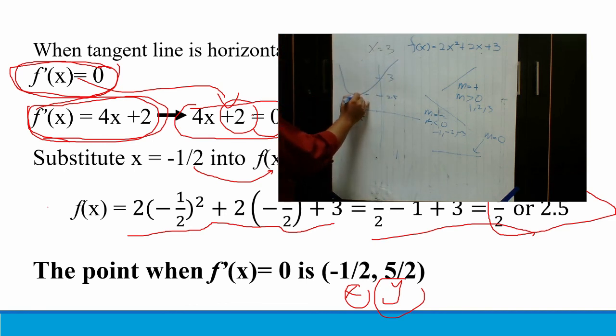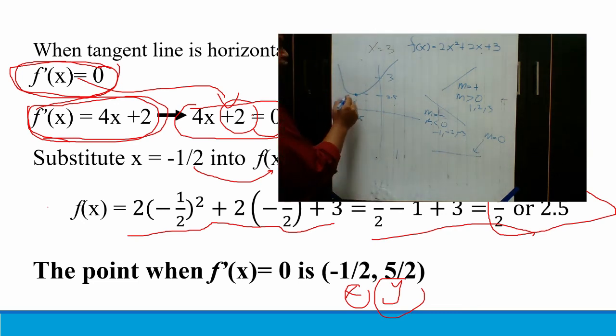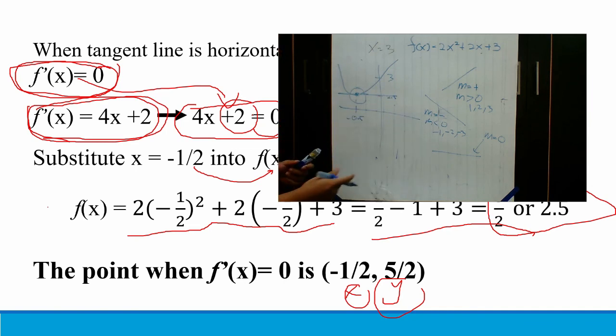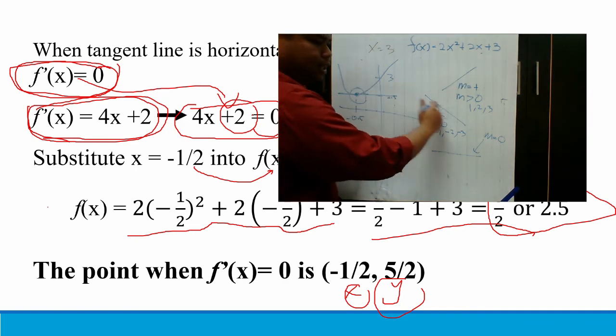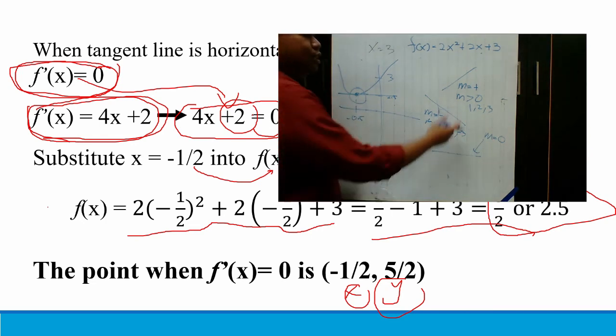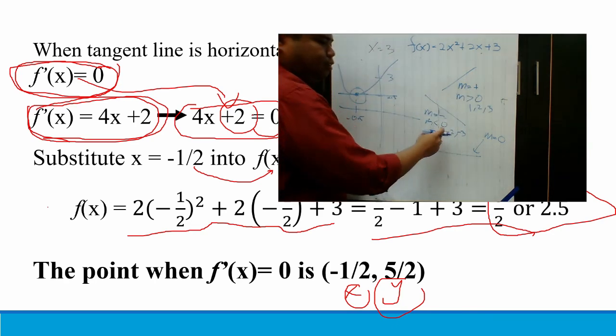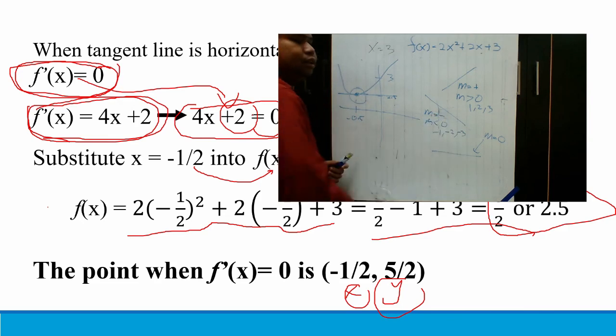When the tangent line is horizontal, the gradient is 0. So this is the point where the gradient is 0, which means the tangent line is horizontal. If the tangent line is positive, the gradient is greater than 0. If the tangent line is negative, the gradient is less than 0.